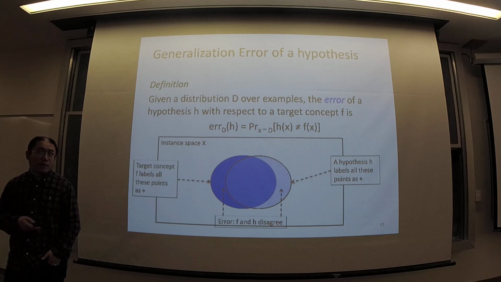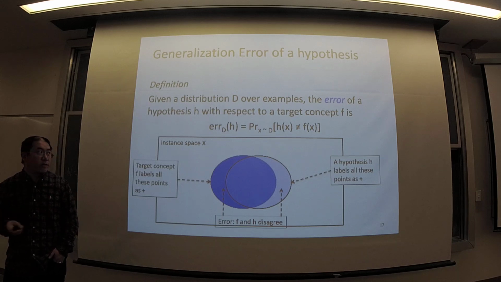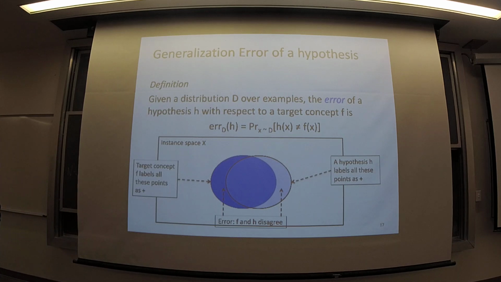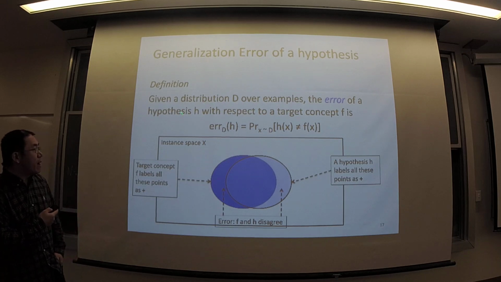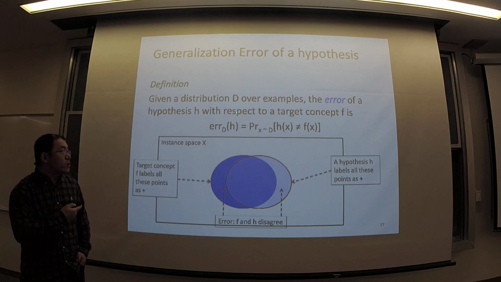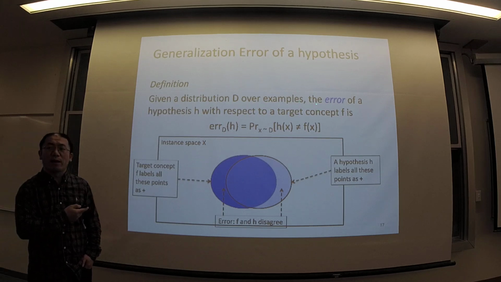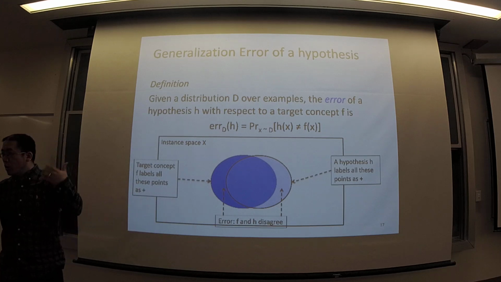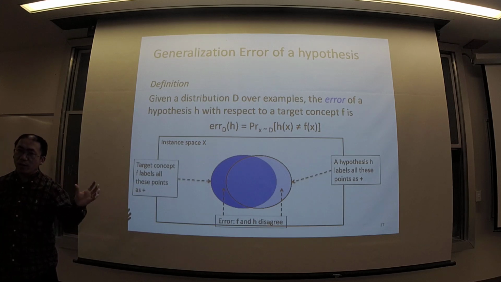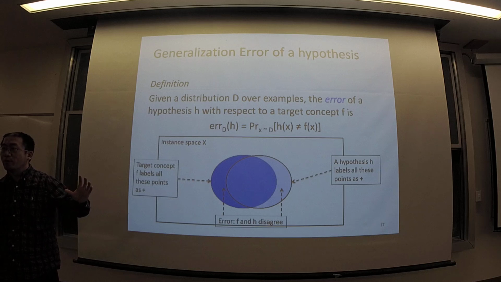Or if you learn linear classifiers, that could be a linear model, whatever. So we define the generalization error of a hypothesis h with respect to the target concept f. Namely, we always assume there is some kind of ground truth function which maps the instances to the correct labels, right?